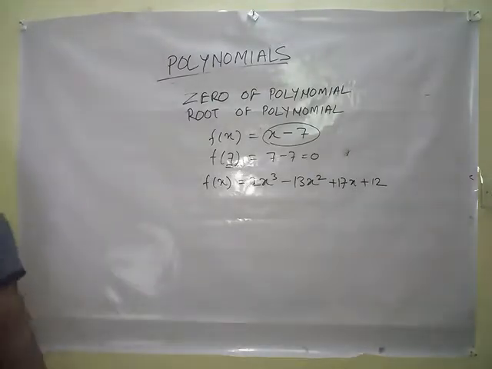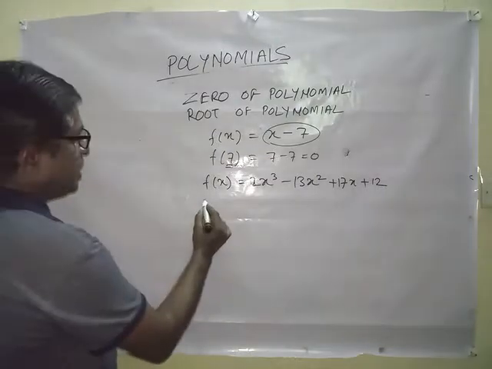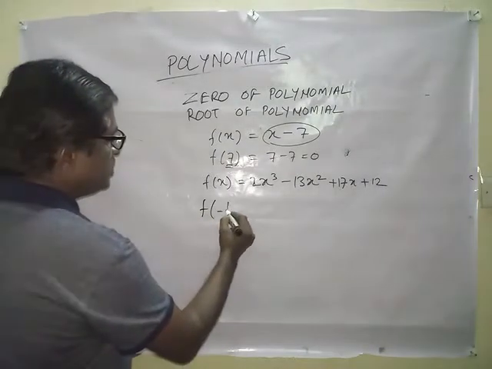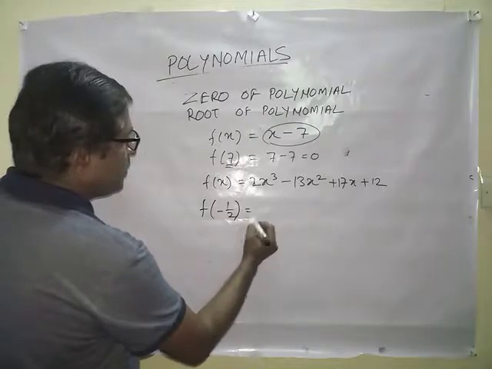Here the zero or root of the polynomial equation, the x value, is minus 1 upon 2.